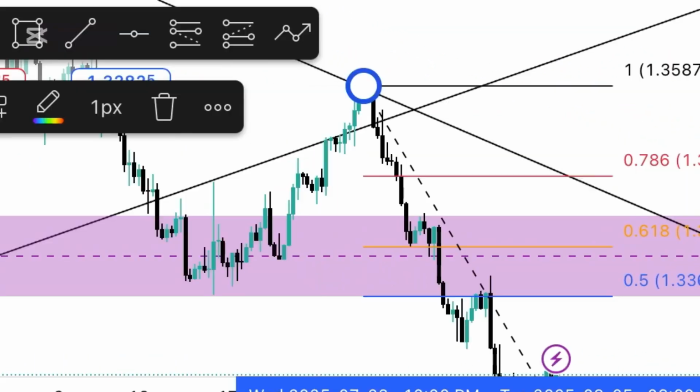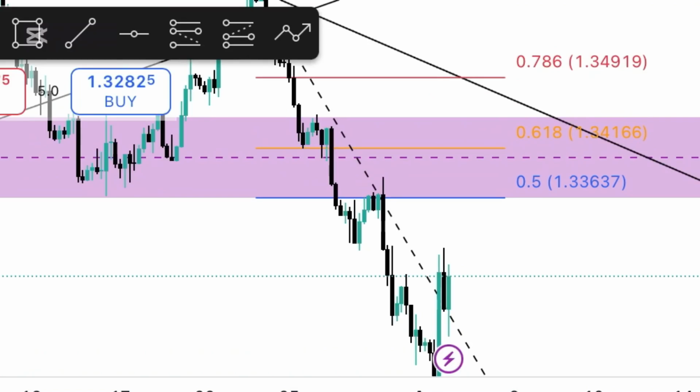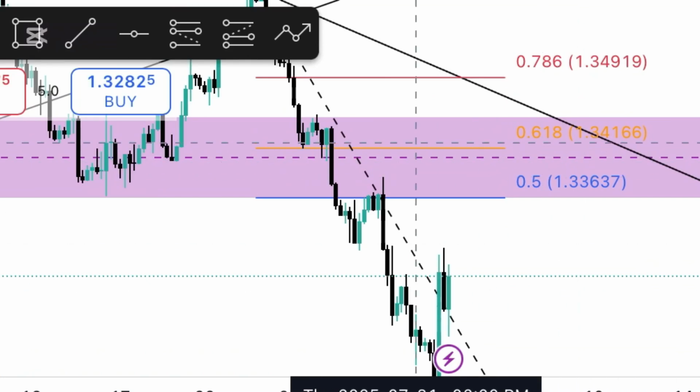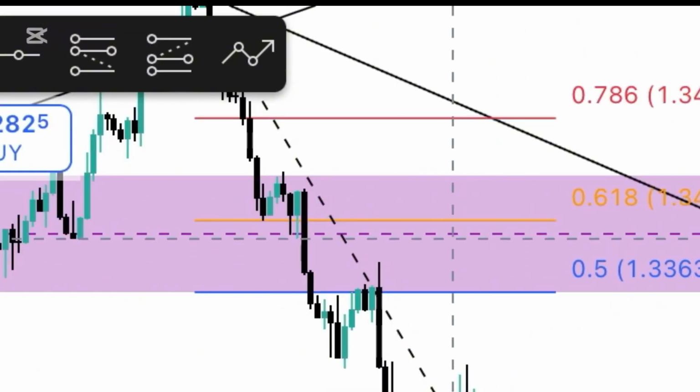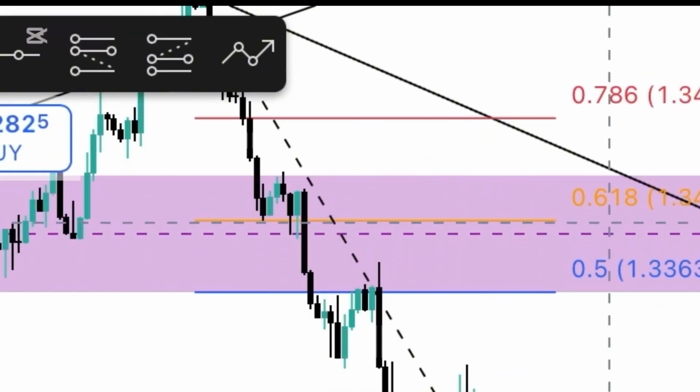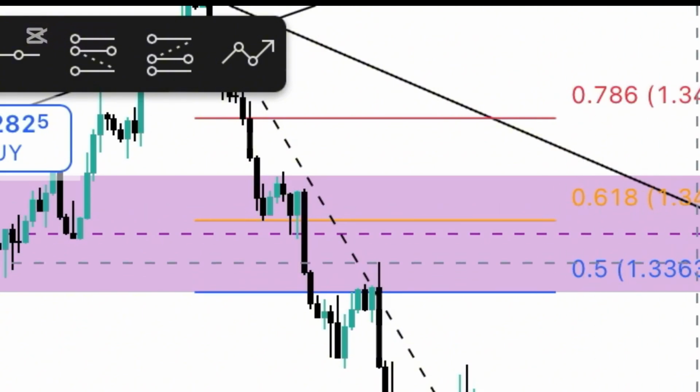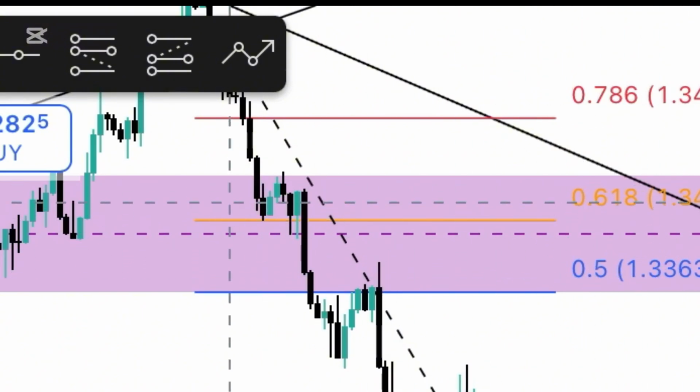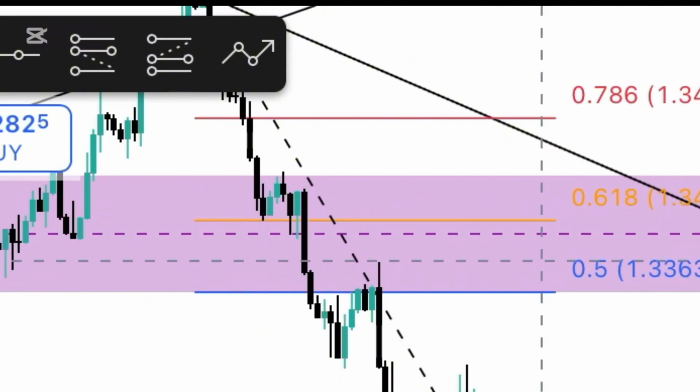So we mark out, as you can see, that our 61.8 and 50% fib level is in confluence with the daily change of character. So this zone here is a very significant zone, because our fib level of 61.8 and 50% Fibonacci zone is in confluence with the daily change of character.